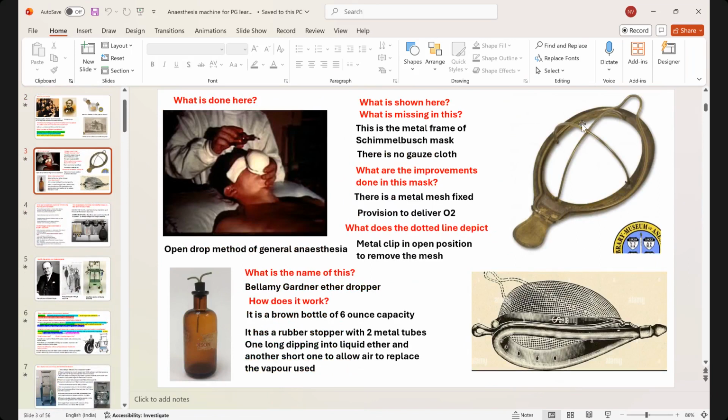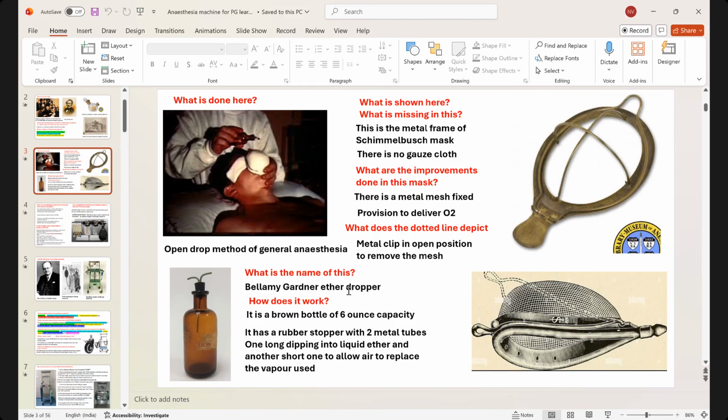Then we saw the oldest type of equipment used for the open drop method, the so-called Schimmelbusch mask, and the bottle that was used to drop or pour ether onto the mask was called the Bellamy Gardner ether dropper, with a modification for providing oxygen also through this nipple and then multiple holes to deliver the oxygen so that the patient does not become hypoxemic.